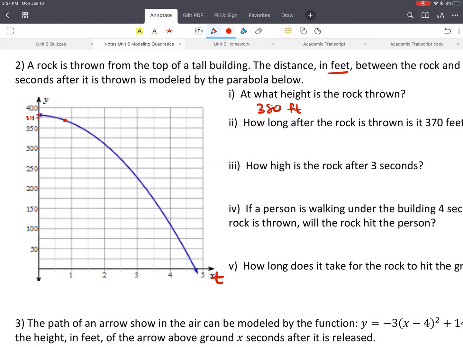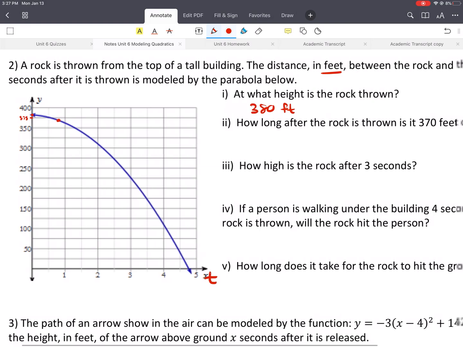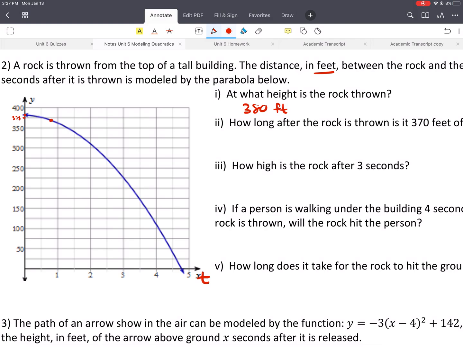I don't know. So this is one thing that's really nice. I think on your homework, if you have the equation, you can actually plug in and figure out how high it is, which is kind of nice, okay? So here we'd look at that and say maybe time, maybe 0.75 seconds.